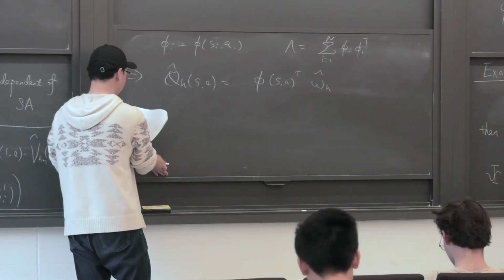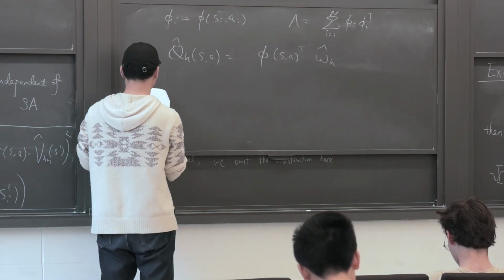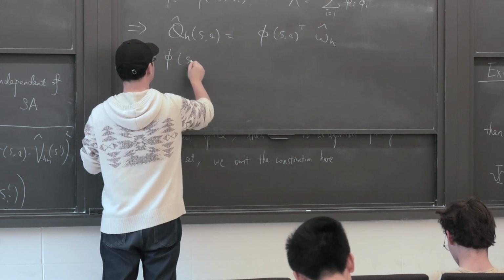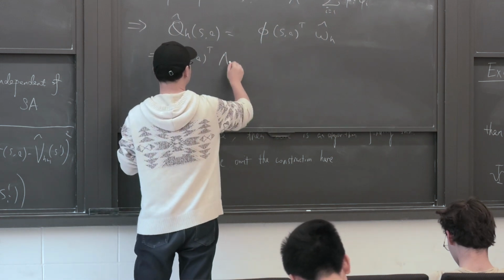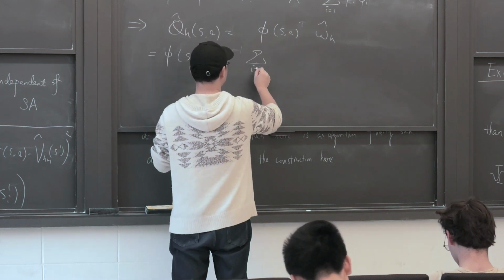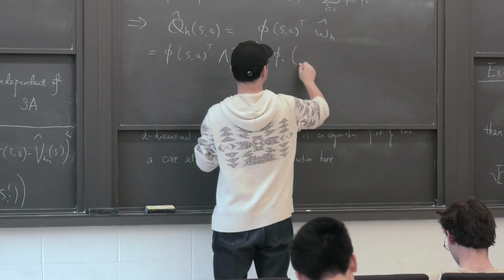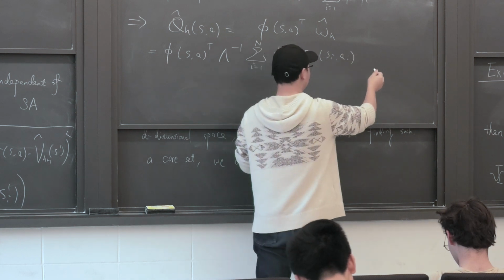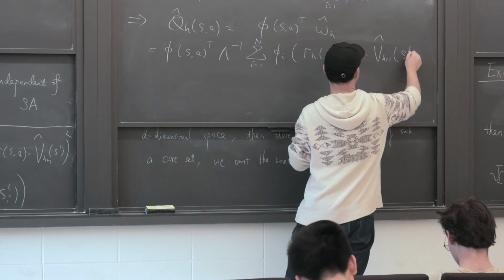So we can plug it back. This is equal to phi(s,a) transpose lambda inverse summation i from 1 to n phi_i (r_h(s_i, a_i) plus V_{h+1} hat(s_i')).